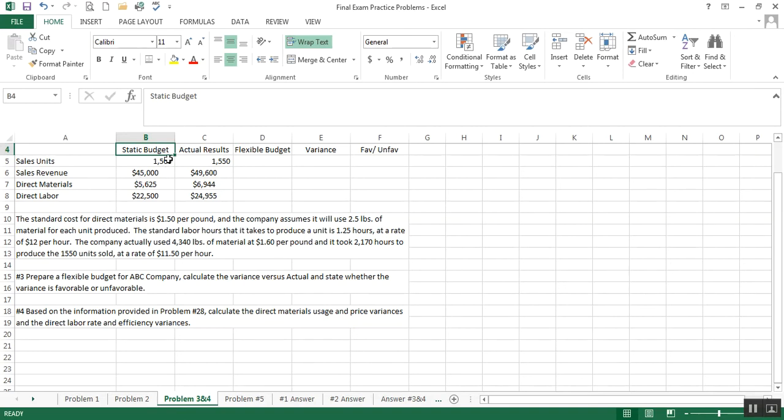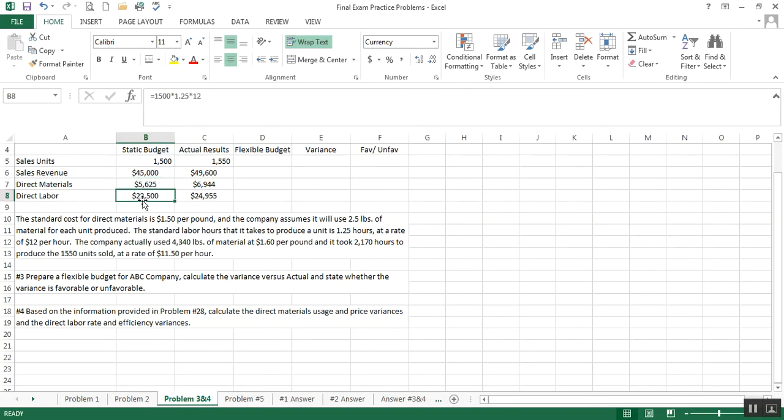For example, we're assuming that we're going to sell 1,500 units, and our price is going to be $30 per unit. And for direct materials, we're going to assume that we need 2.5 pounds of material in order to produce 1 unit. And each pound of material is going to cost $1.50.